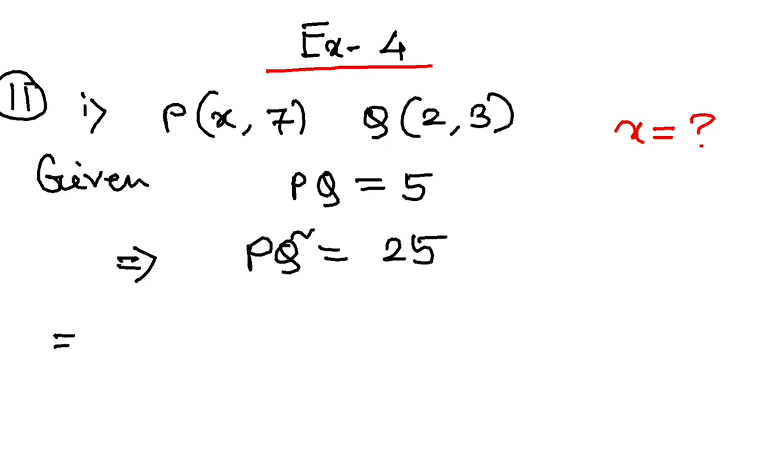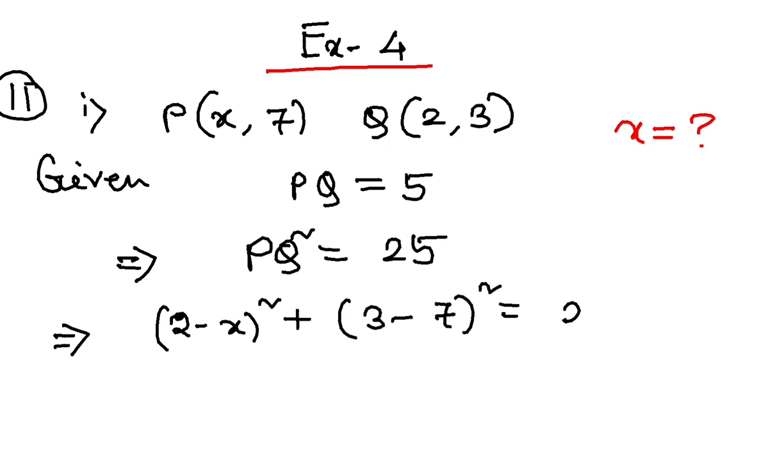Now if I apply the distance formula, because it is squared already, the square root is gone, so it will be x2 minus x1, that is (2 minus x) whole squared, plus (3 minus 7) whole squared is equal to 25.